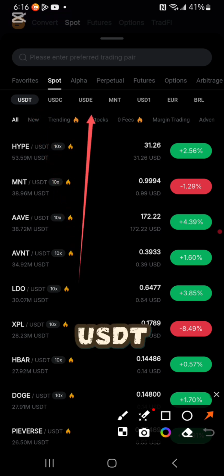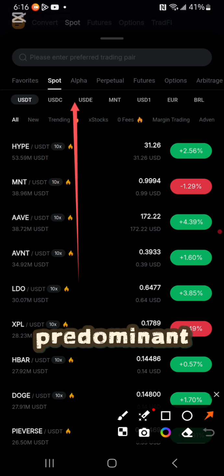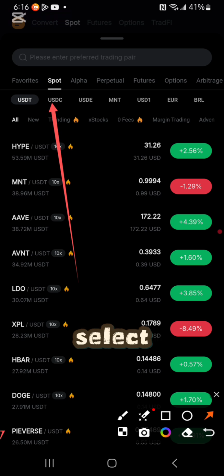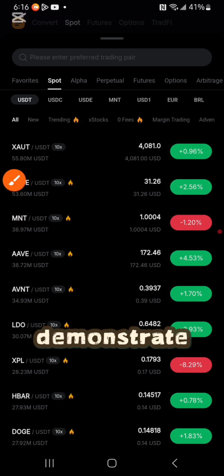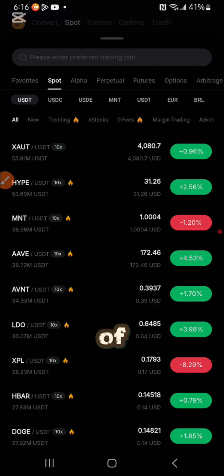If you have USDT as your predominant currency, select that one. If you have USDE, you also select it, whichever one you have. But for me, I have only USDT, and that's the one I'll be using to demonstrate all of this during the course of this video.